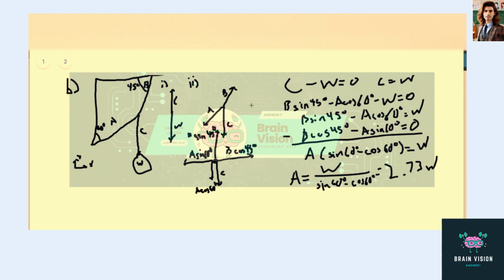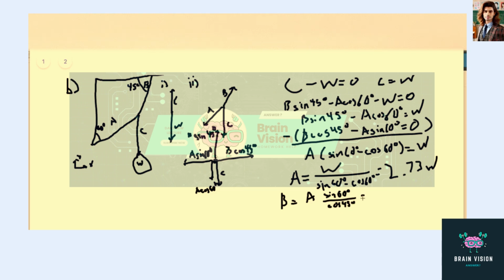And just like before, we can use one of our equations here, the B cosine 45 degrees minus A sine of 60 degrees equals 0 to define B in terms of A. So we have B is A times sine of 60 degrees over cosine of 45 degrees.